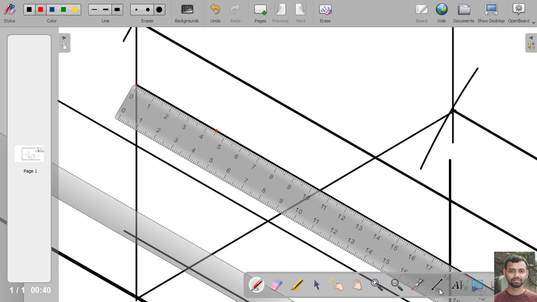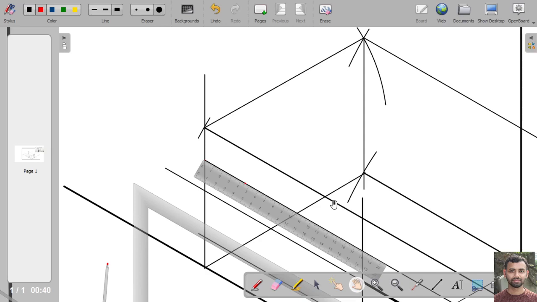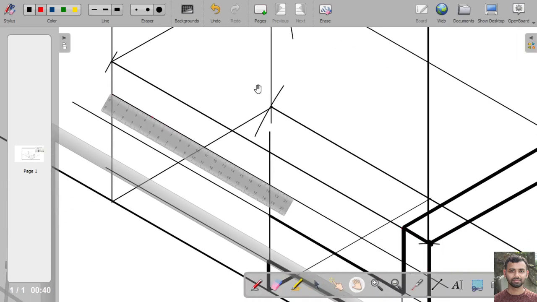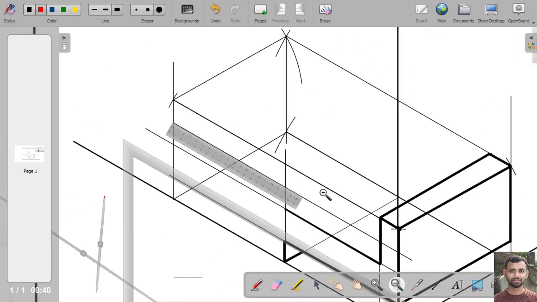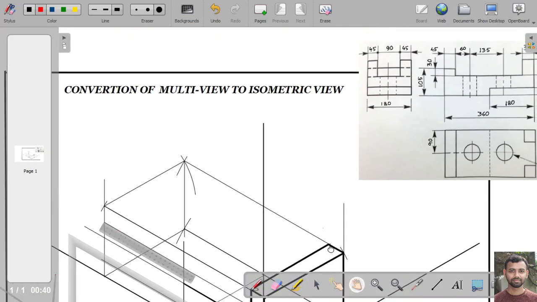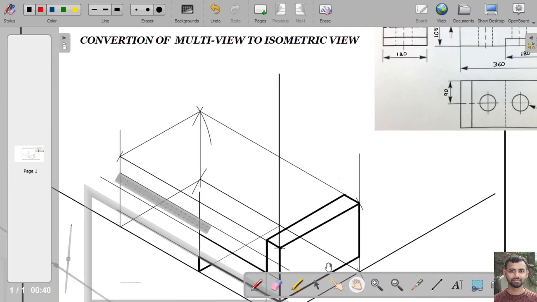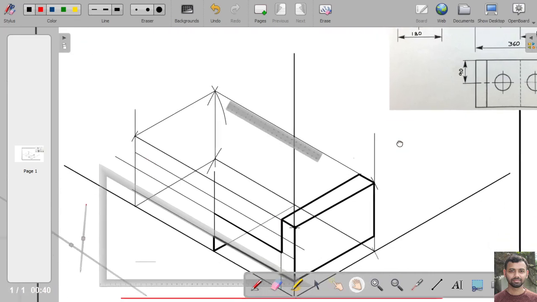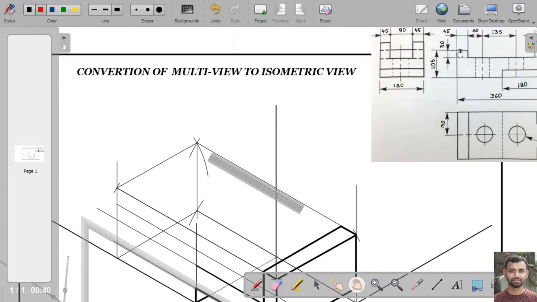Now we will draw the vertical line from this point. Now we will draw the vertical line from this distance, and this vertical line will be up to this isometric line.